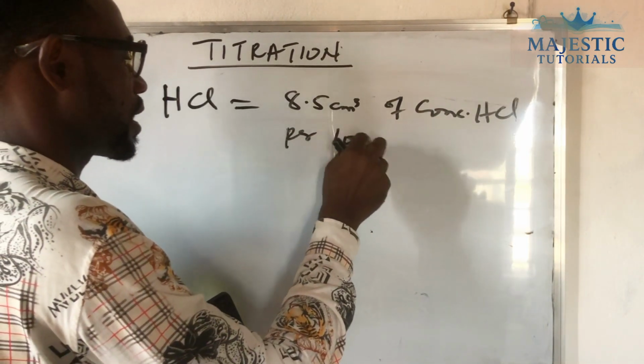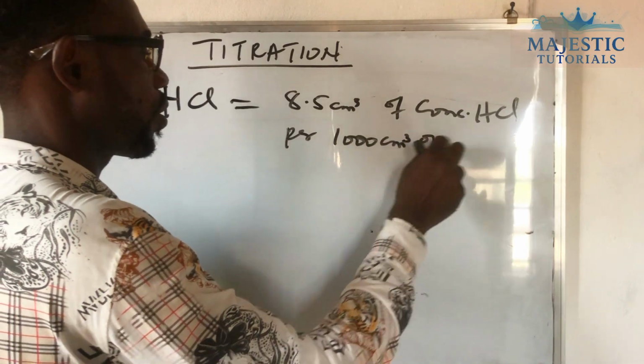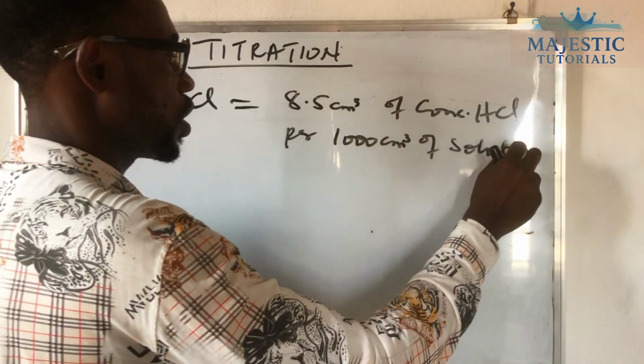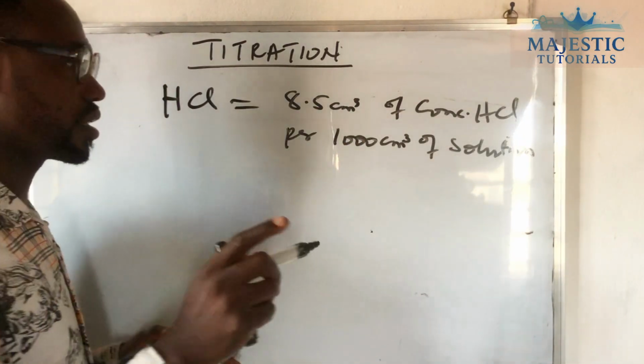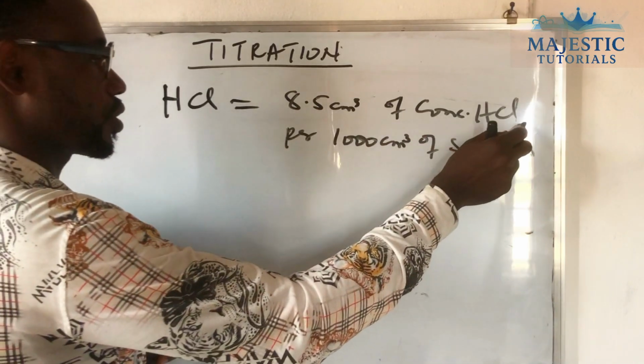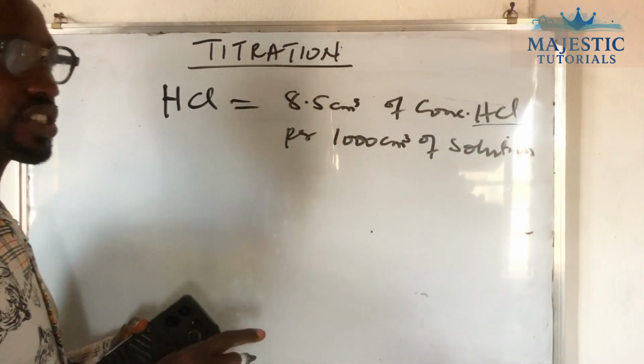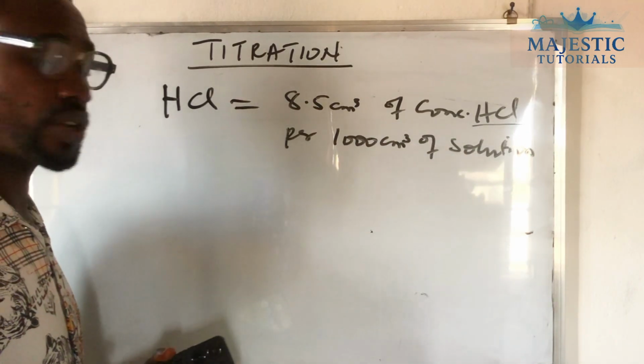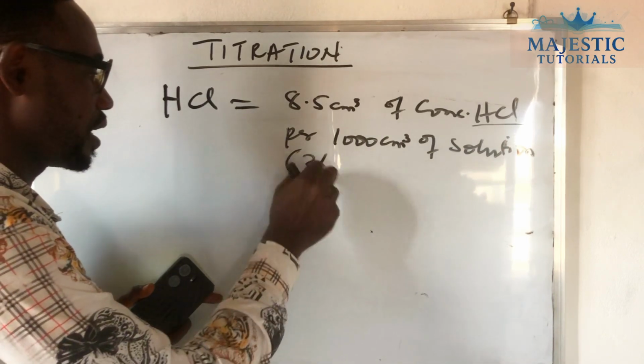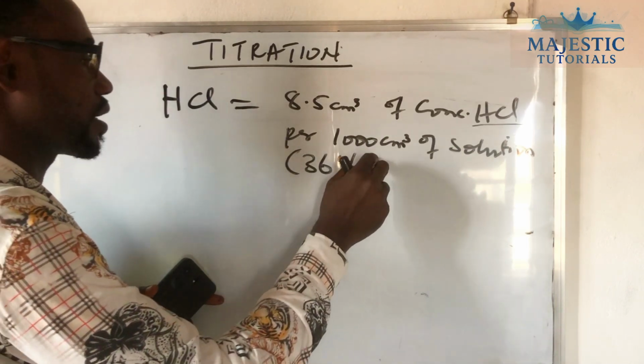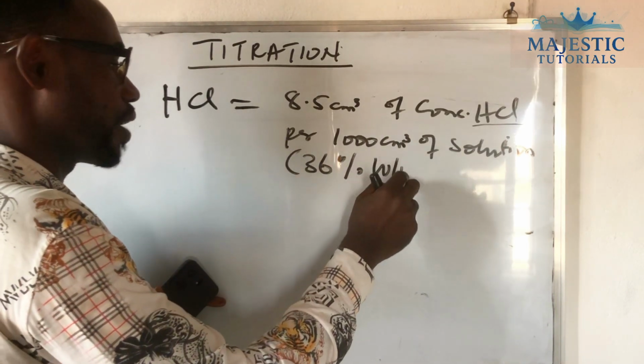Per 1000 cm cube of solution. But one thing that is very interesting here is the strength, because when we say concentrated HCl, it is kind of ambiguous. They were more specific. They told us about 36% weight by weight or weight by volume.